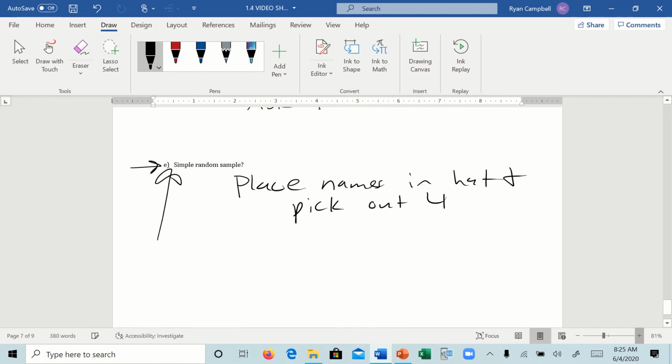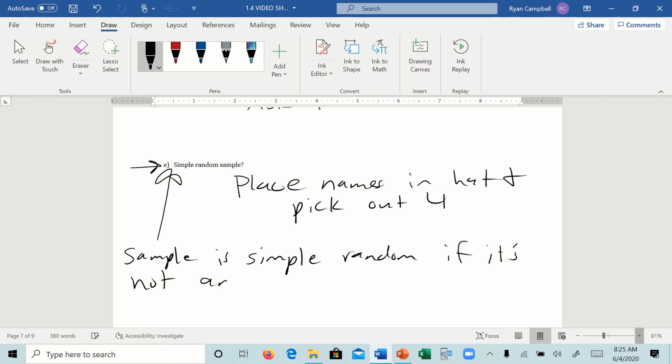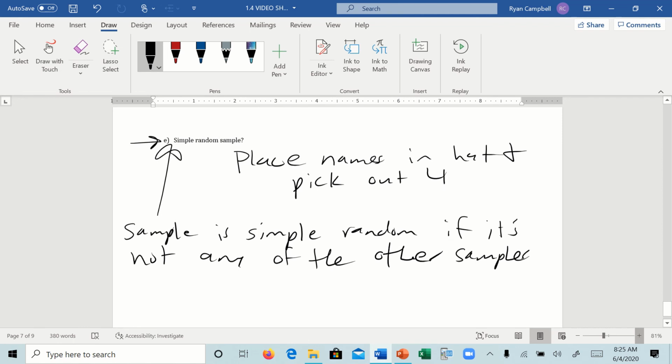So basically, a sample also is simple random if it's not any of the other samples, right? So if you want to determine if it's simple random, you can see, is it stratified? Is it cluster? Is it convenience? Is it systematic? No. Well, then in this class, it's going to be simple random. So that can be another way of doing it.